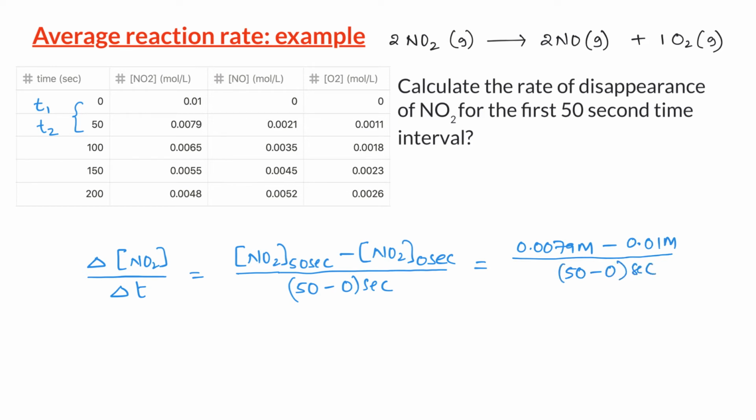If we do the math, we get negative 0.000042 moles per liter second.